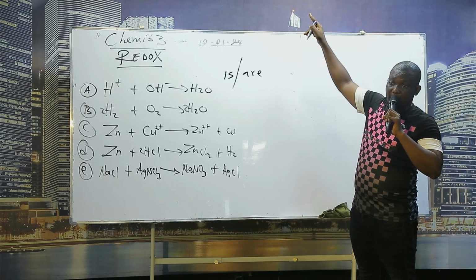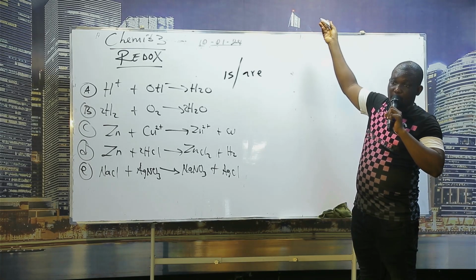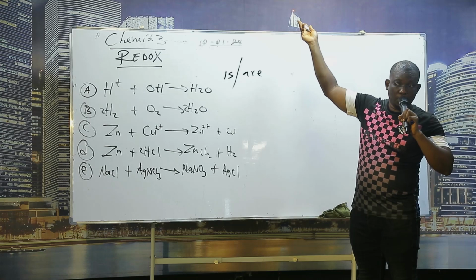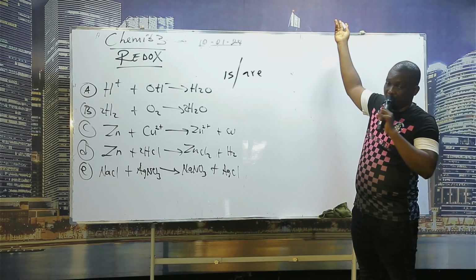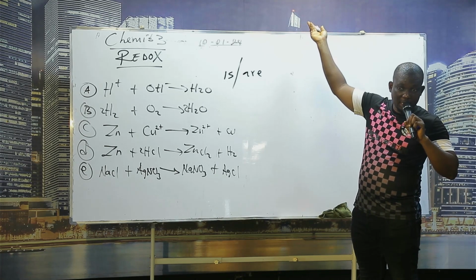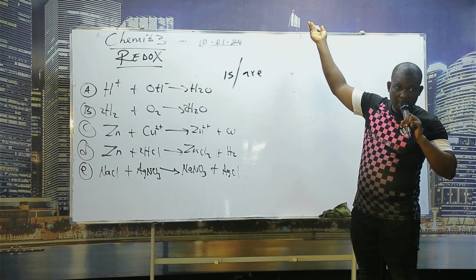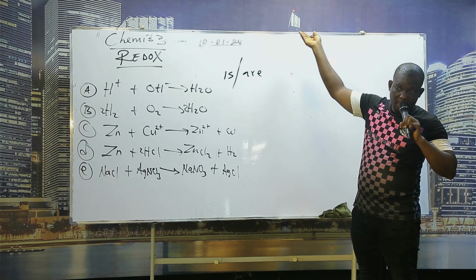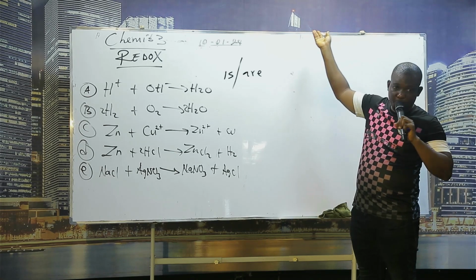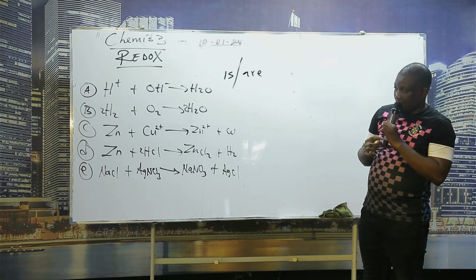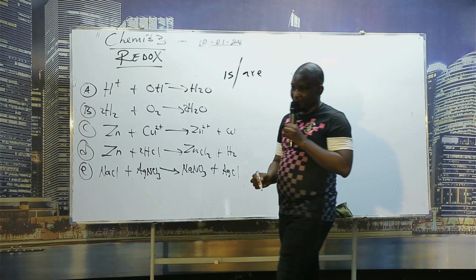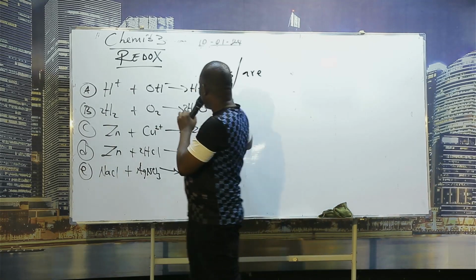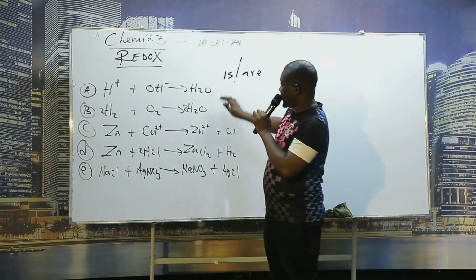I say all the following are redox except C, so C is wrong. Is it only A? A and B, wrong. A and E, correct.